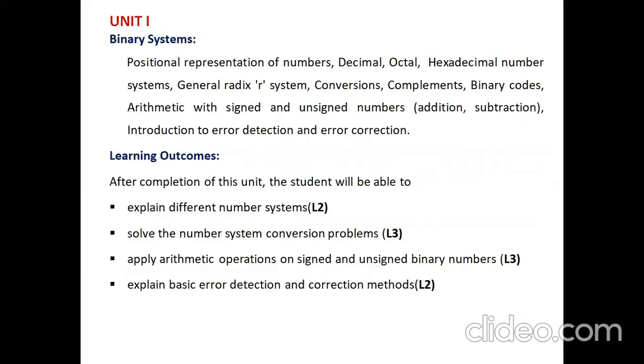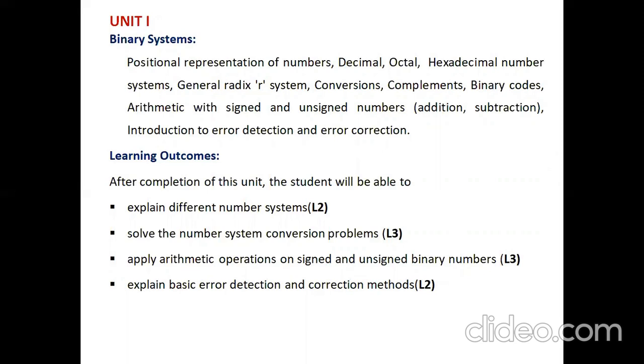Coming to Unit 1, the learning outcomes of Unit 1: the student should be able to explain different number systems. He should be able to solve different number systems like binary, decimal, octal and hexadecimal. He should be able to convert one number system to another.